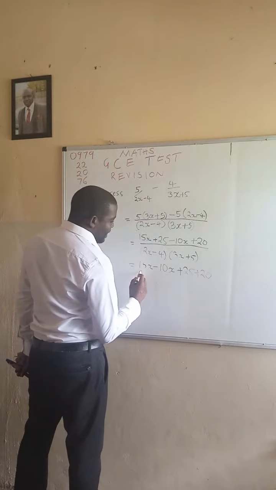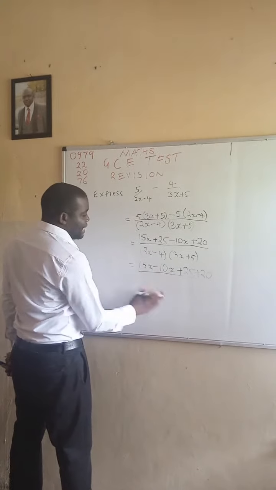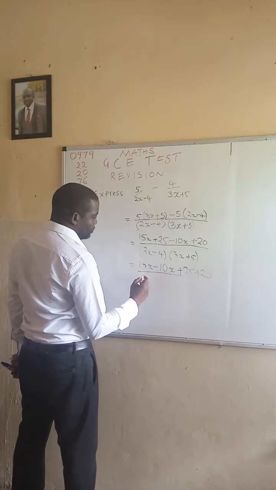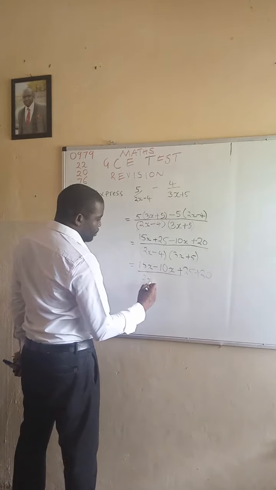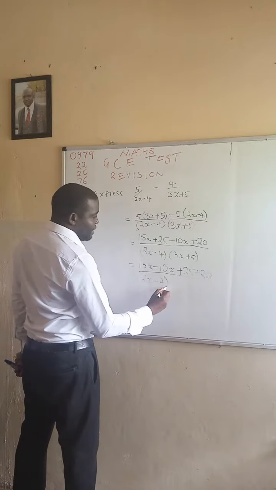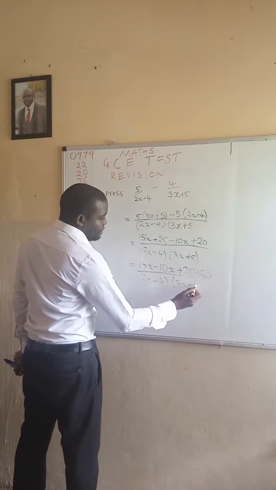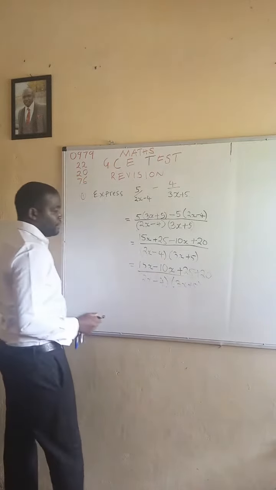You do your over here. This comes down. 2x minus 4 in brackets. 3x plus 5. Okay.